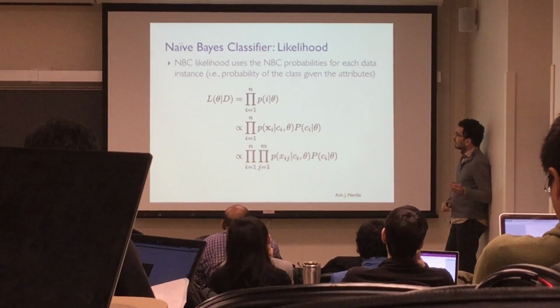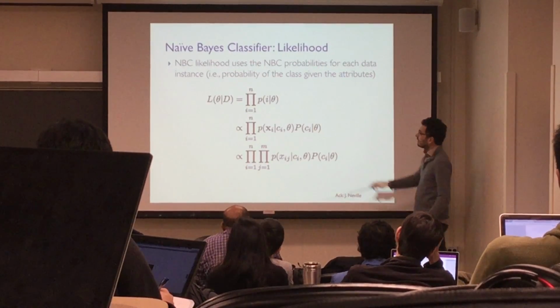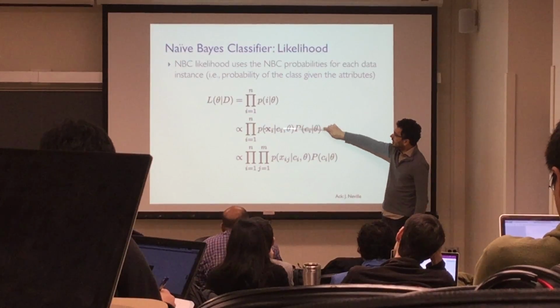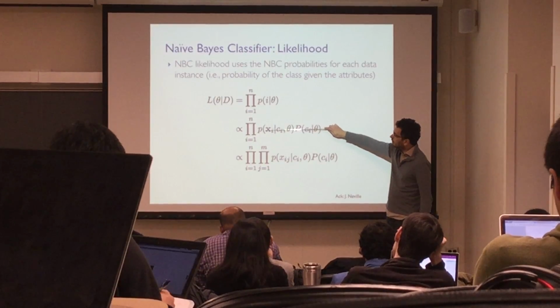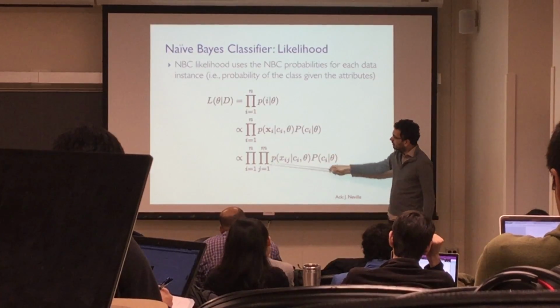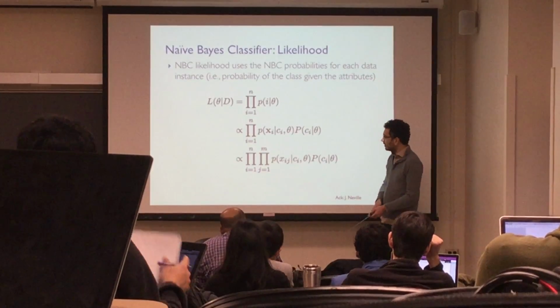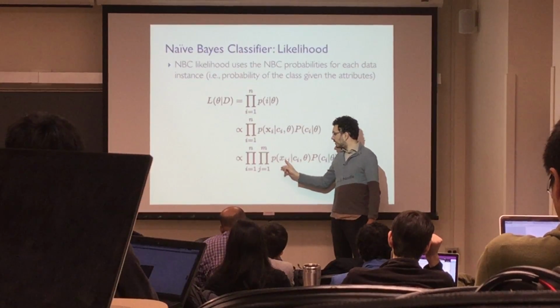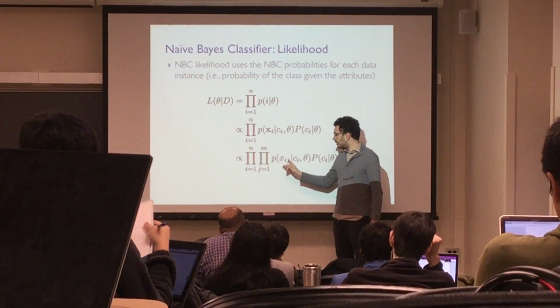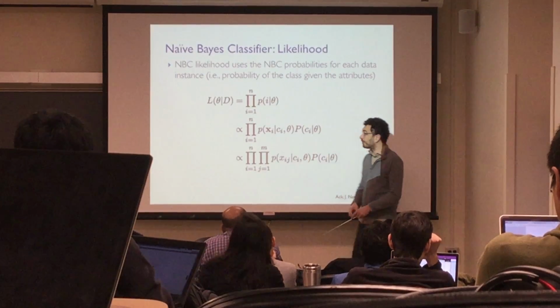The likelihood function is something like this, and until here the only assumption is that the data points are independent. And here the assumption becomes the naive Bayes assumption, where we are saying that the features, the j's, which are the features here, are all independent given this class.